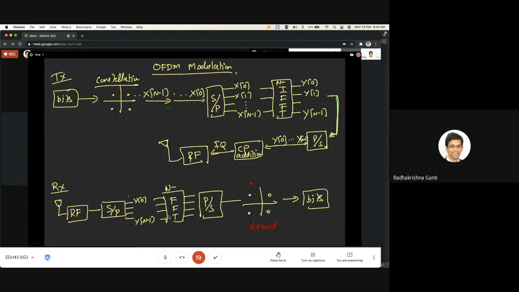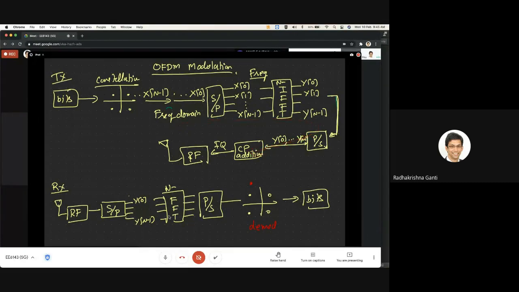So when you put an IFFT, this should be frequency domain. In OFDM modulation, you are mapping your information in the frequency domain, using an IFFT to convert into the time domain and transmitting the time domain IQ samples.